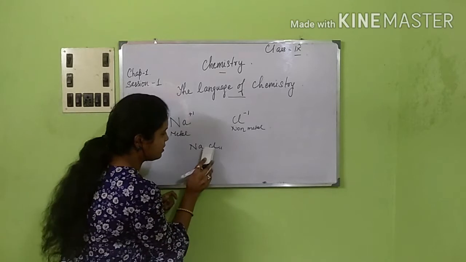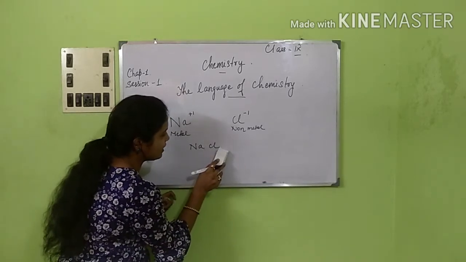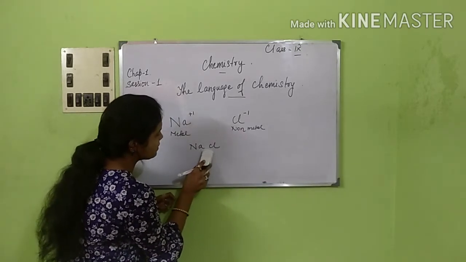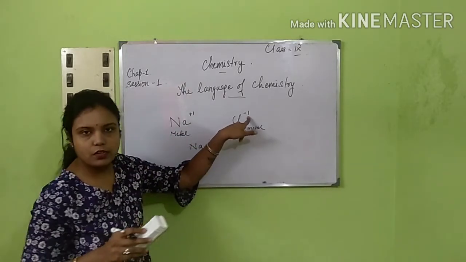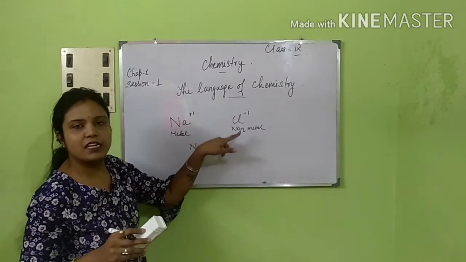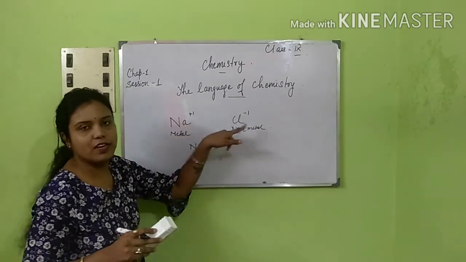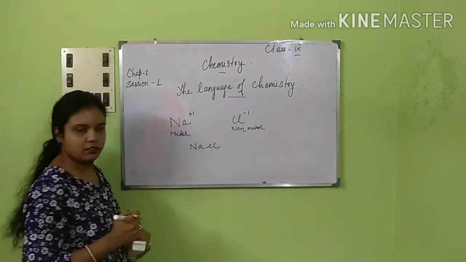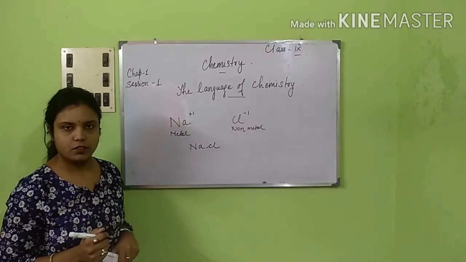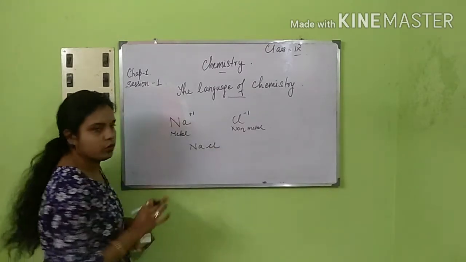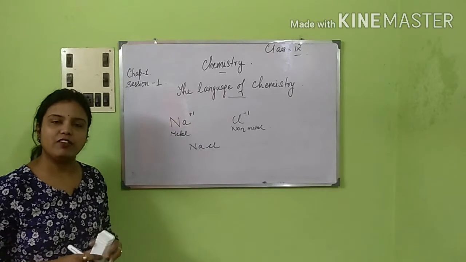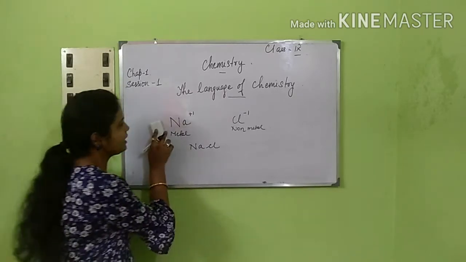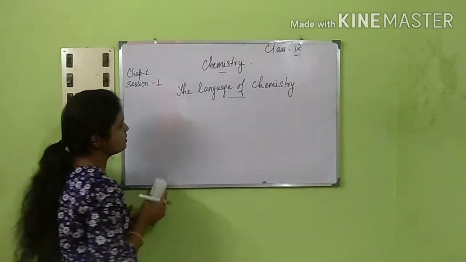Neither do we write it if both of them are equal, because this is +1 and this is -1, only the plus and minus are different, otherwise both have the same value, 1. So we don't write it. We just write NaCl, sodium chloride. First a metal and then a non-metal. Basically, we generally do it in this pattern. I'll give you some more examples so that it becomes easier for you.